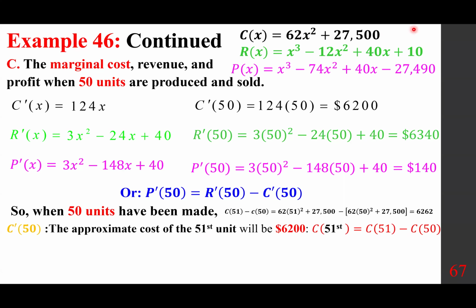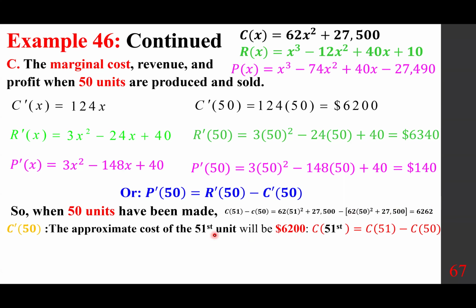So C of 51 minus C of 50: 62 times 51 squared plus 27,500 minus, put inside the parenthesis, 62 times 50 squared plus 27,500. When you calculate this, it's $6,262. Is that the same as this number? No. But what we are saying, this is close enough and it's a lot easier to calculate than this one.